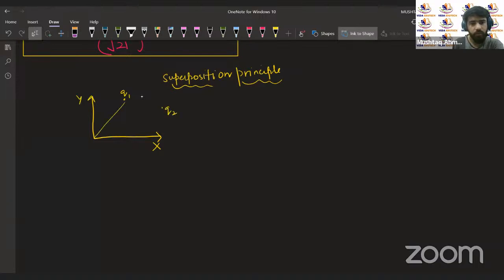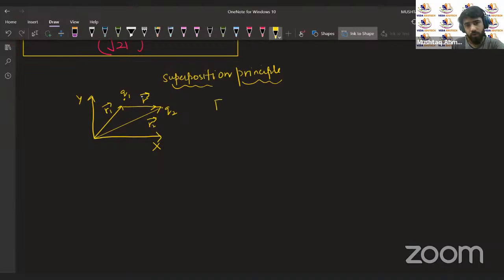The position vector of charge 1 is r1, and the position vector of charge 2 is r2. The displacement vector between the q1 and q2 charges is represented by this r vector.